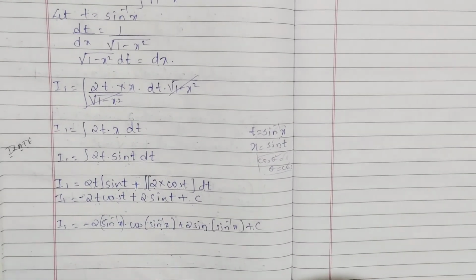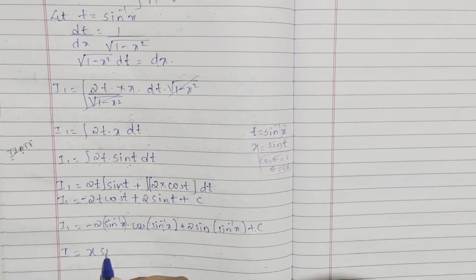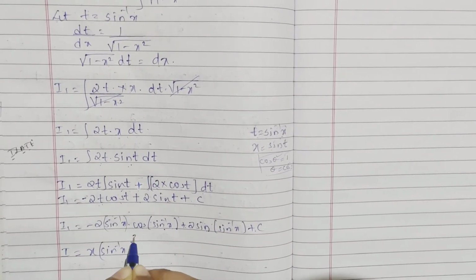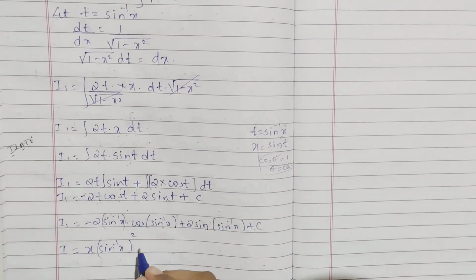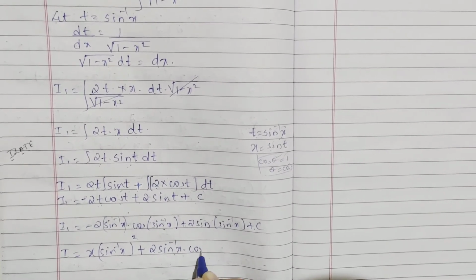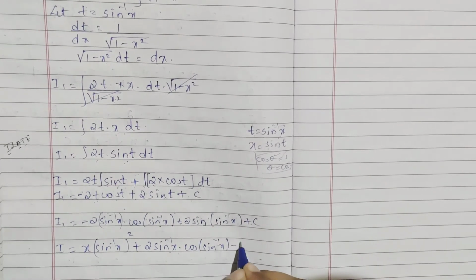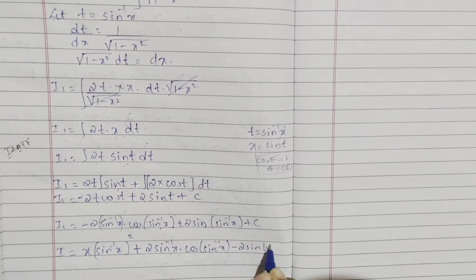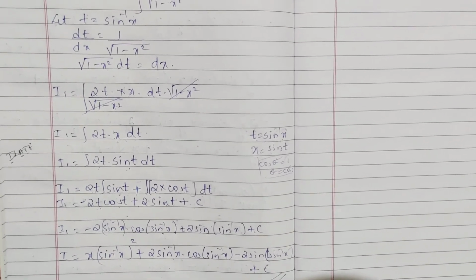Now everything will substitute in our first term, that is I equals x into sin inverse x whole square, and you had minus I1. So here already minus is there, so that becomes plus 2 sin inverse x into cos of sin inverse x, and again plus into minus becomes minus 2 sin of sin inverse x plus c. So this is your answer.